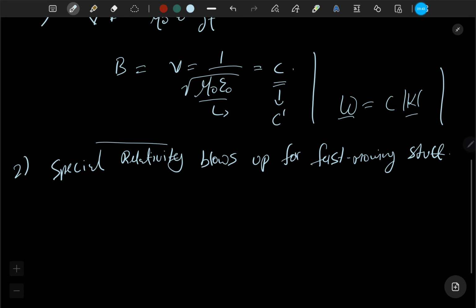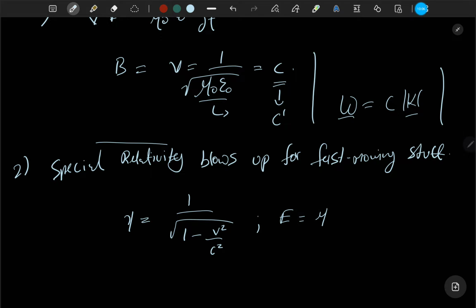Right, so relativistic time dilation is basically gamma equals 1 over the square root of 1 minus v squared over c squared, and the total energy is E equals gamma m c squared, and from here momentum is gamma m v, right?